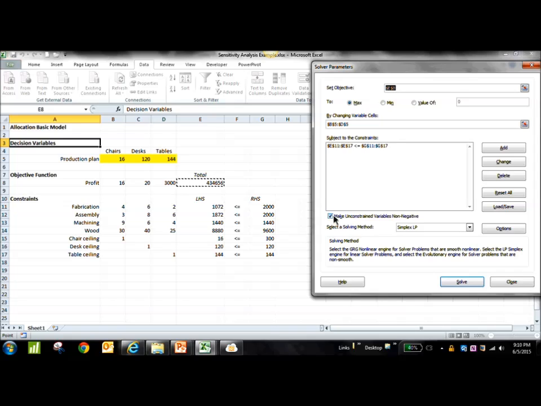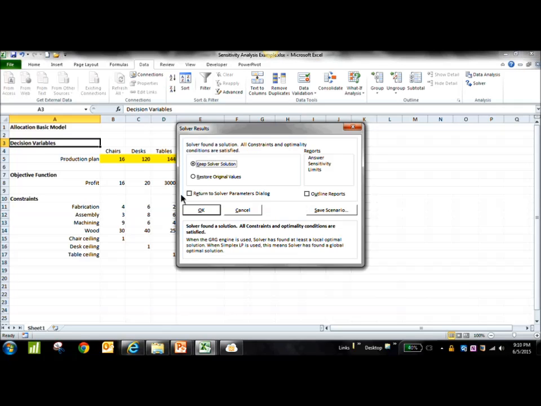Make sure that this is checked, and using the simplex linear programming, because that's what we're using. Everything we're dealing with in these modules, allocation model, covering model, blending model, network model, all of these models are examples of linear programming.